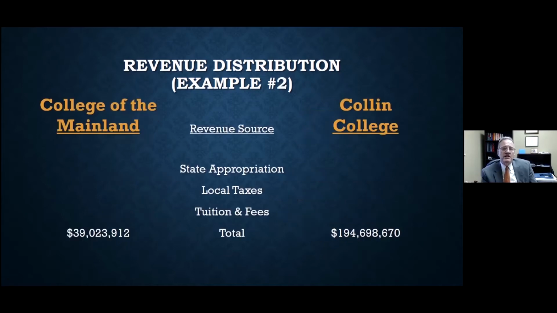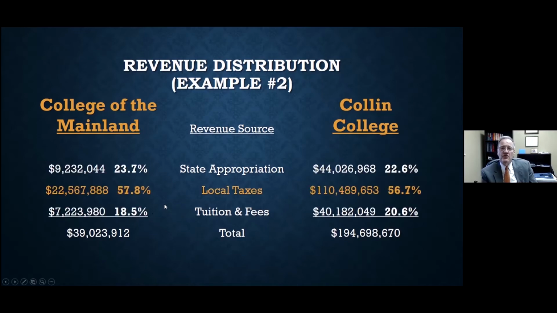Now, we look at some other schools, and I took two schools here that at first glance seem to be polar opposites of each other. College of the Mainland, Collin College. Collin College is 5 times the size of College of the Mainland. And so you think these are two disparate examples, very different. But when you look at their revenue distributions, these two are quite similar.